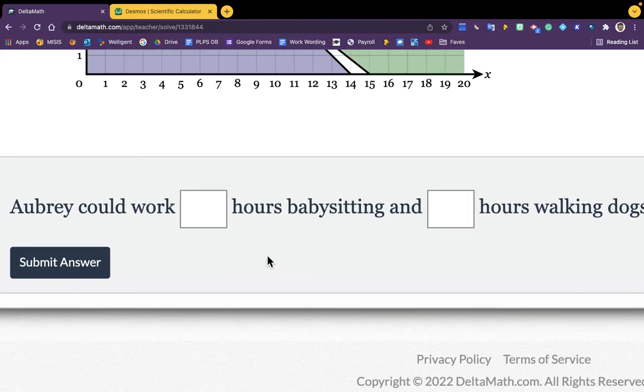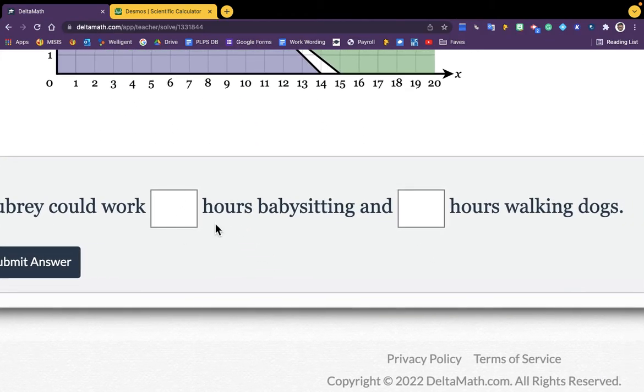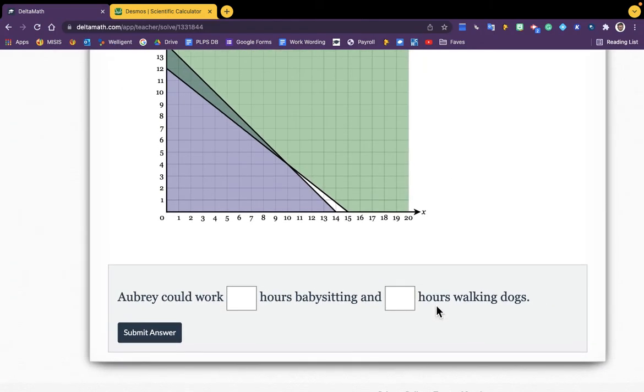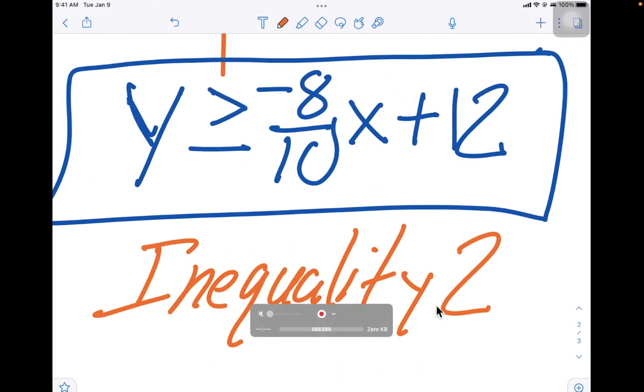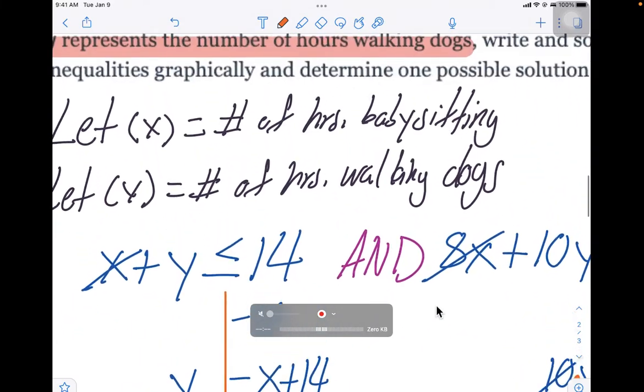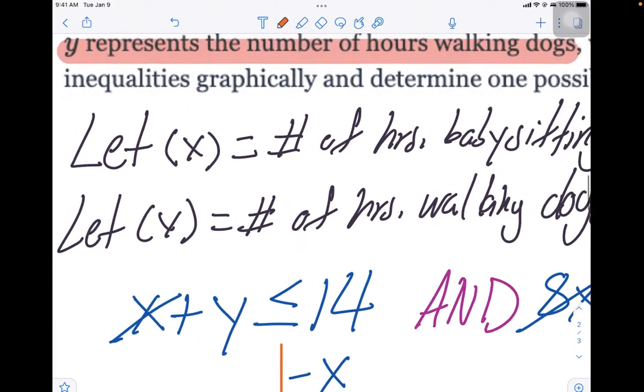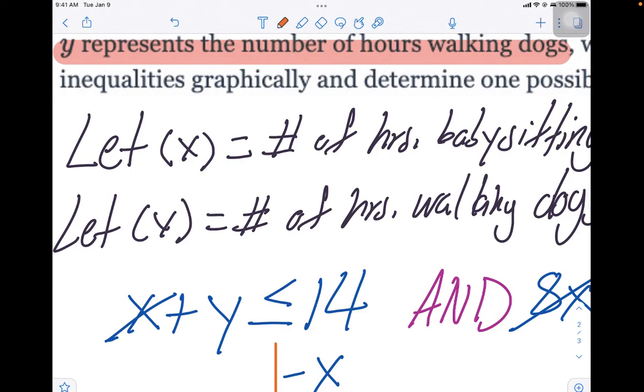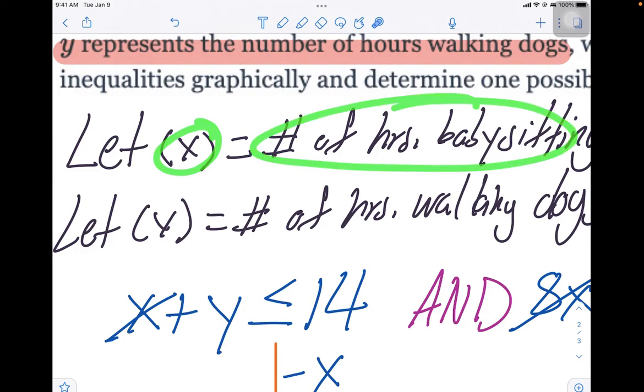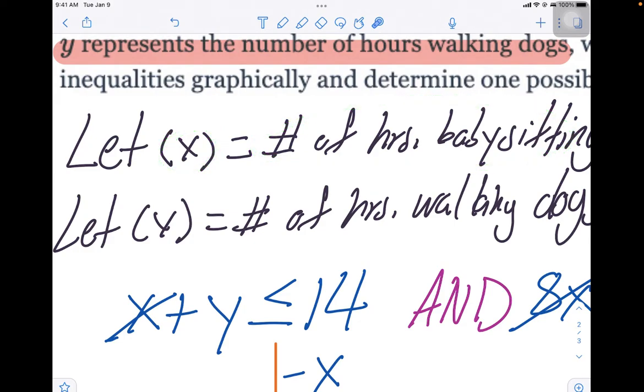Now, everyone, what I need to do is choose an area in here because look, Aubrey can work blank hours babysitting and blank hours walking dogs. Let us remember that X means number of hours babysitting, and Y means number of hours walking dogs.